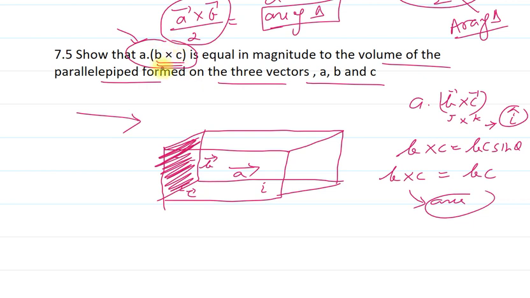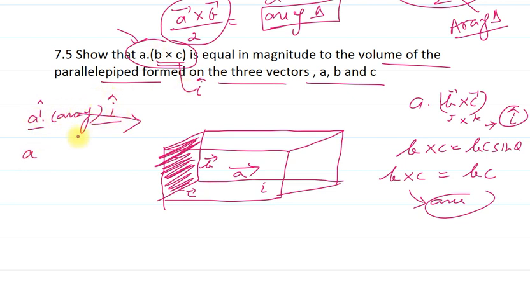So by doing B cross C, we get a vector in the I cap direction. So इसका direction है I cap. So A dot B cross C represents the area, students, and that area is in the I cap direction. Here A is also in the I cap direction, so this is simply the dot product of two vectors, I dot I is 1.